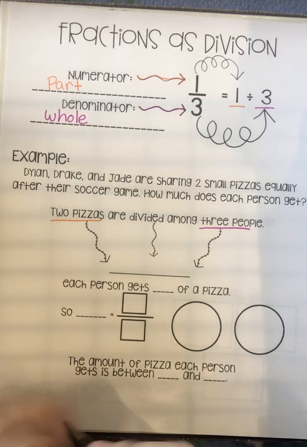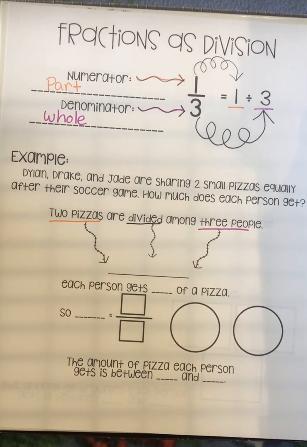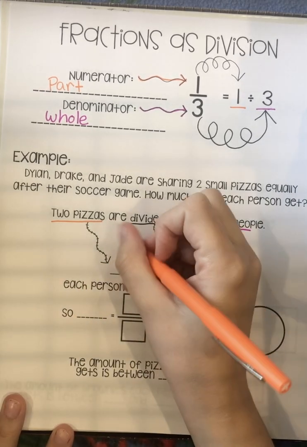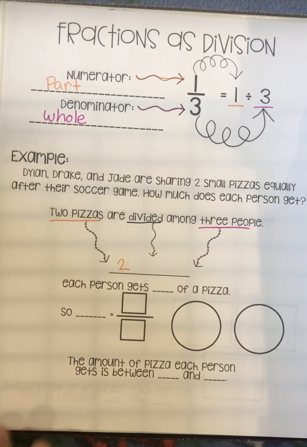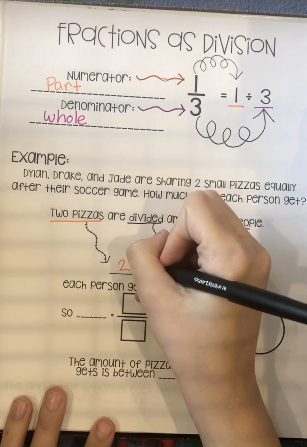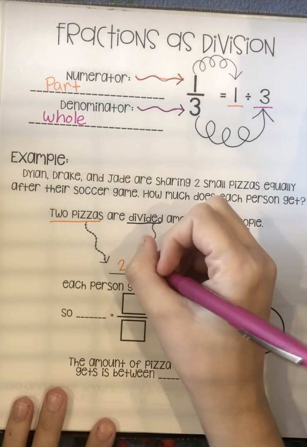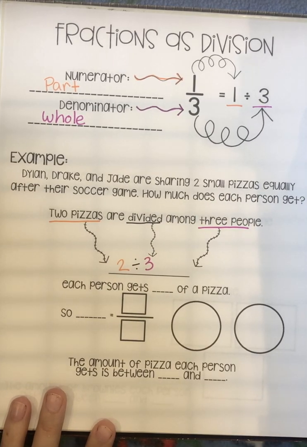So each part of this sentence tells us something different. The 2 pizzas tells us our part, or our top number, our numerator. Divided among tells us that we're going to be dividing. And 3 people tells us our denominator.